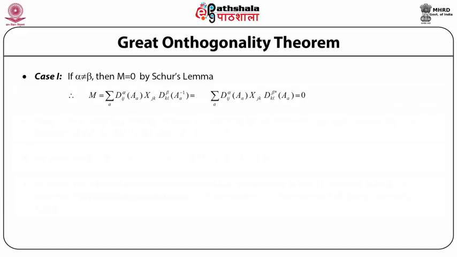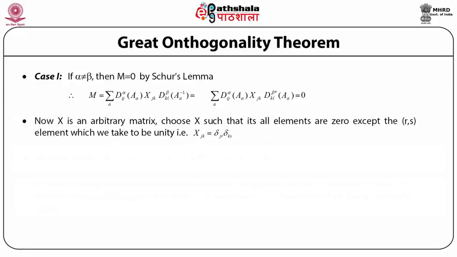The matrix M is therefore given by sum over all the group elements of D alpha ij(A) X times xjk into D beta kl(A inverse), which is equal to D alpha ij(A) xjk D beta star lk(A), because the matrix D is a unitary matrix. And as I said before, the elements of the unitary matrix are obtained by taking the complex conjugate and changing the rows into columns.